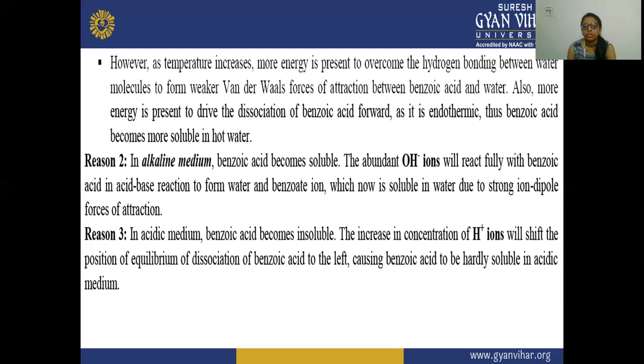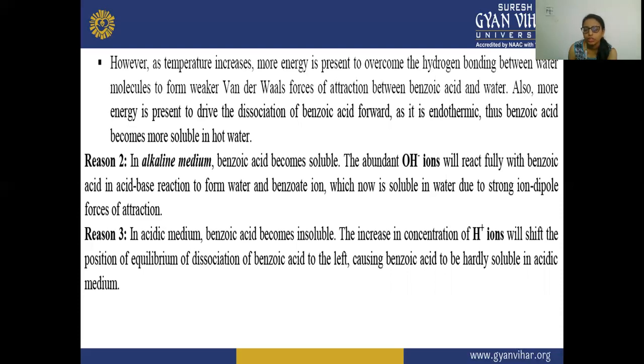Now the reason third, in acidic medium. In acidic medium, the benzoic acid becomes insoluble. Because there is an increase in concentration of H positive ion, it will shift the position of the equilibrium of dissociation of benzoic acid to the left, causing benzoic acid to be hardly soluble in acidic medium.